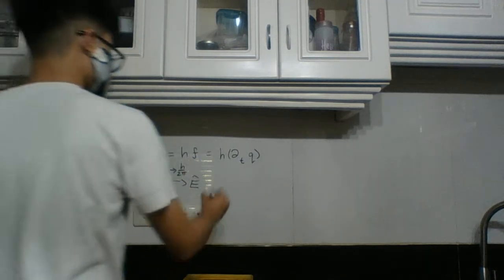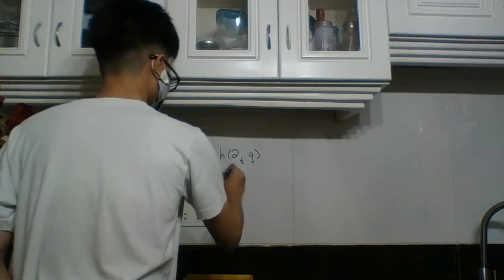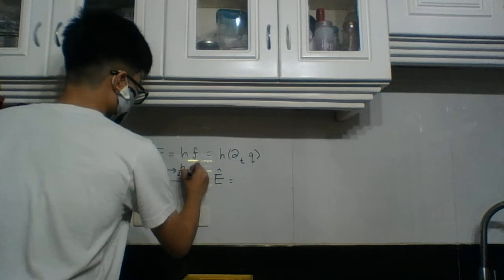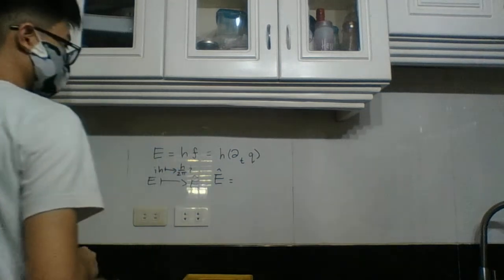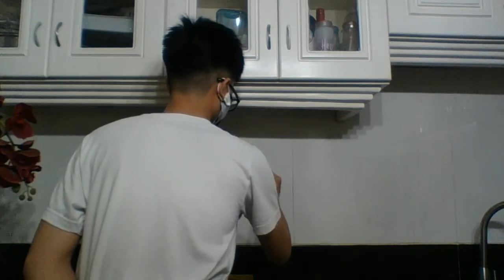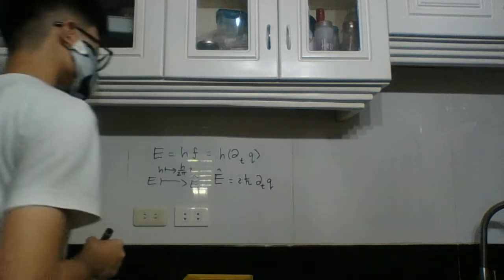And so when we put things together, E hat is now... we add an i to that also. So now it becomes i h bar, that's the time derivative of the system.